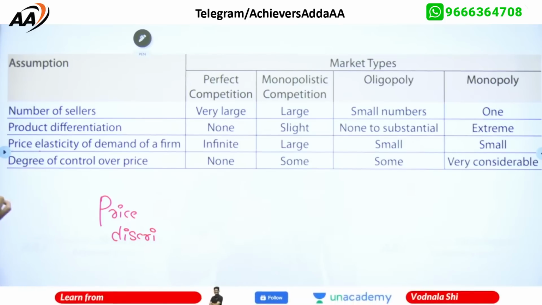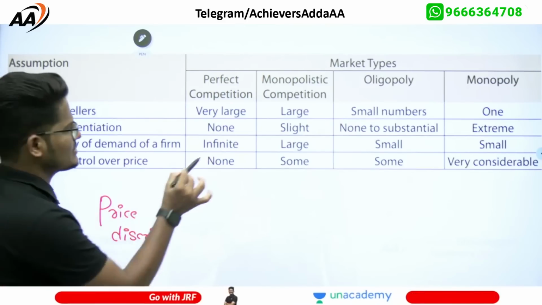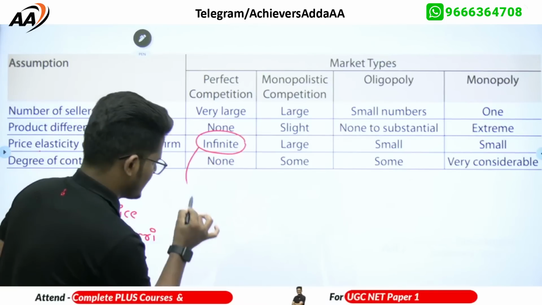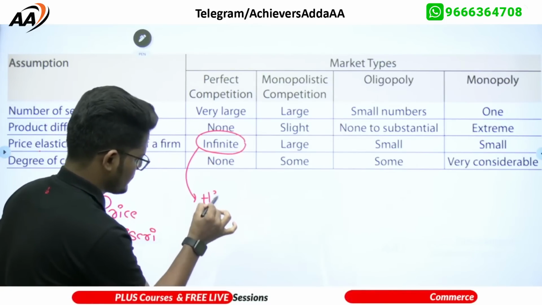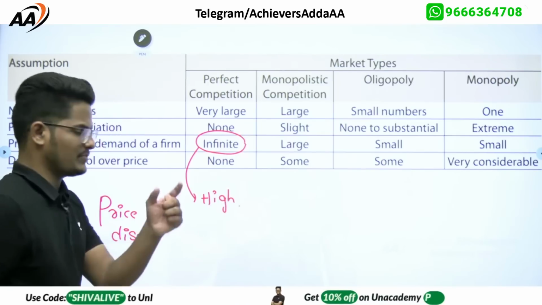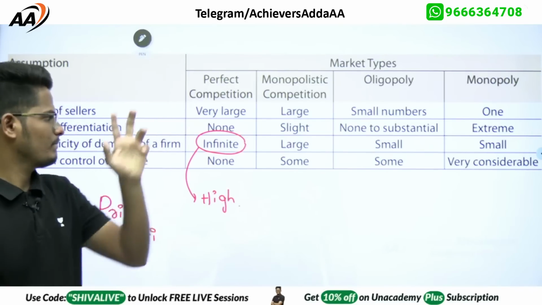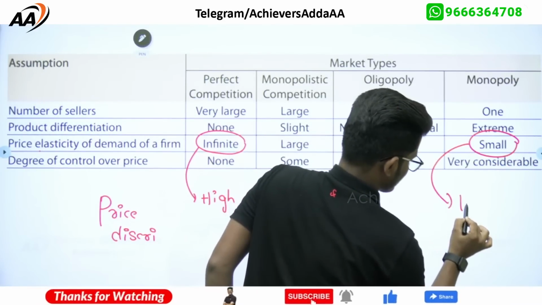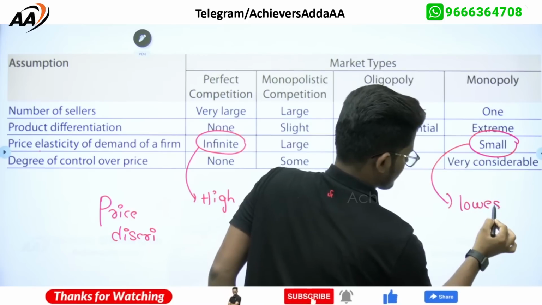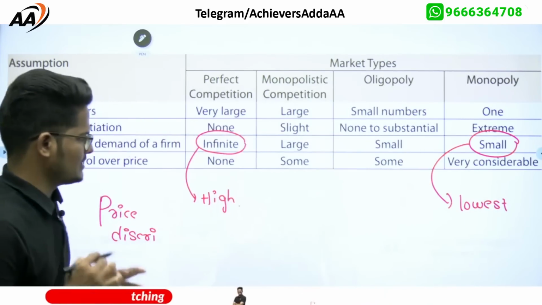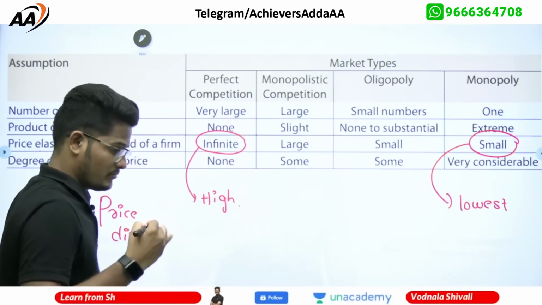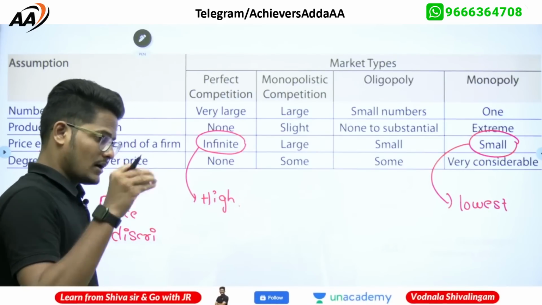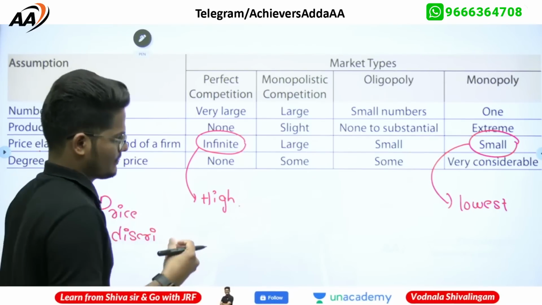So, price elasticity of demand and product differentiation. Price elasticity of demand, in case of perfect competition, it is high. Infinite means perfect competition, price elasticity is going to be high. And in monopoly, lowest. If I have to arrange from high to low, that means descending order. Low to high means ascending order.